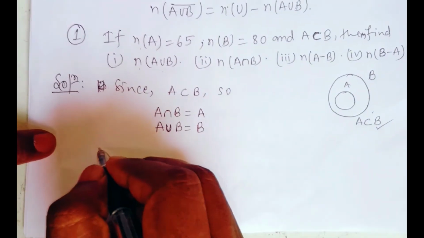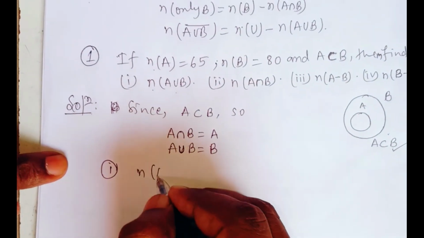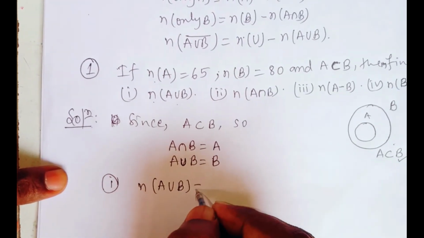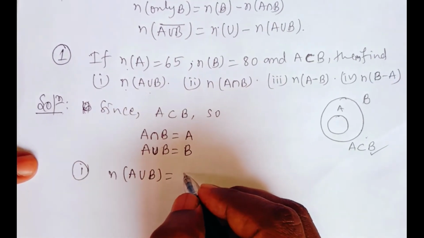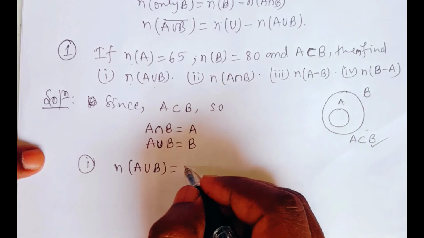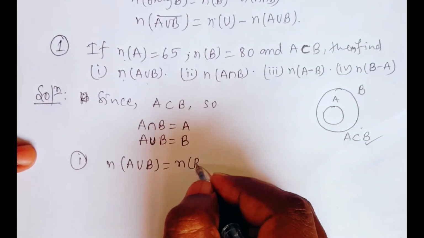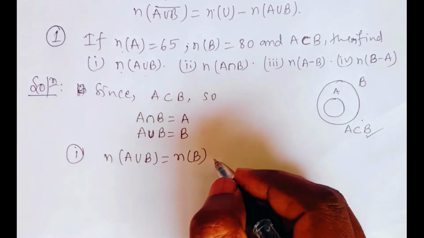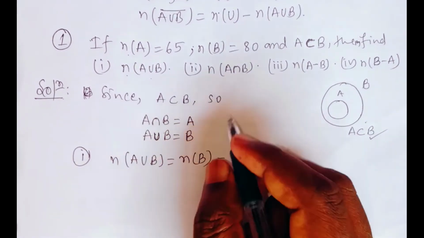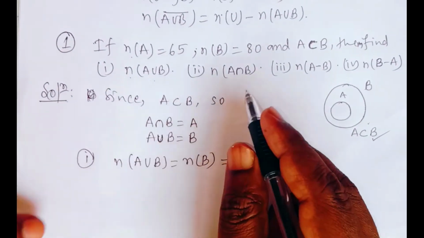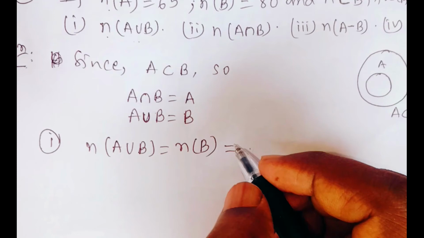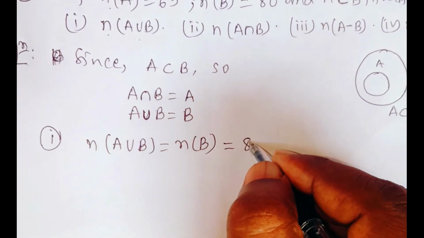Now let us look at them one by one. N of A union B is equal to n of B, and n of B is given as 80.